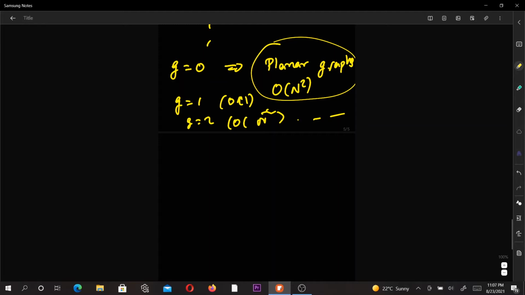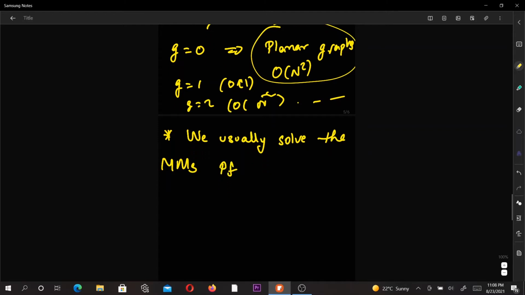So now let's talk about solving the matrix model. We usually solve the matrix models, or the matrix model partition functions, by taking them from matrices to matrix eigenvalues.